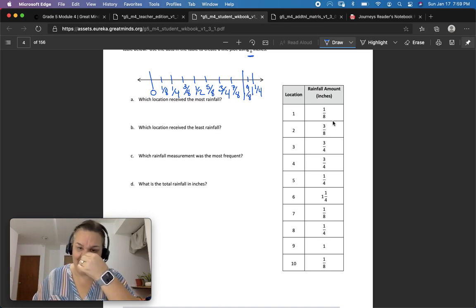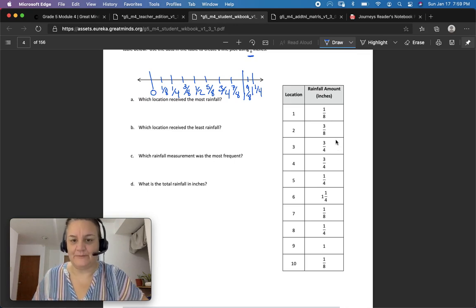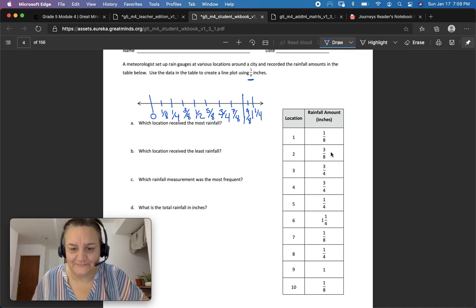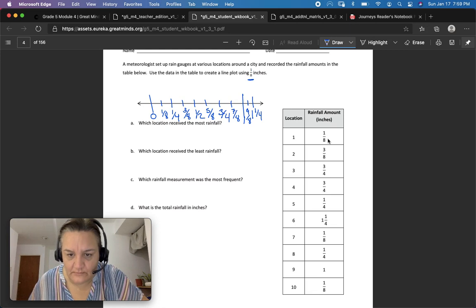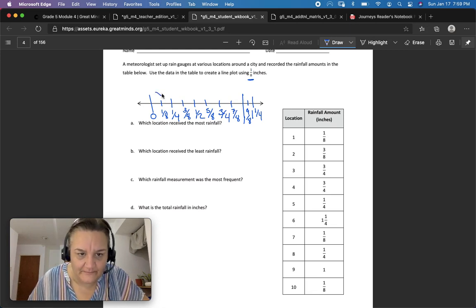Okay. Now you're going to put in your X for all of these rainfall amounts. So rainfall amount 1/8 would be here. 3/8 is here.